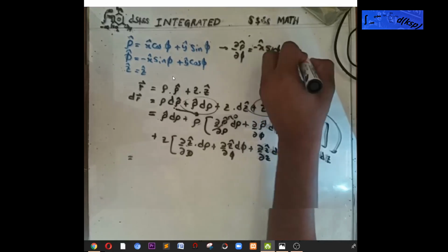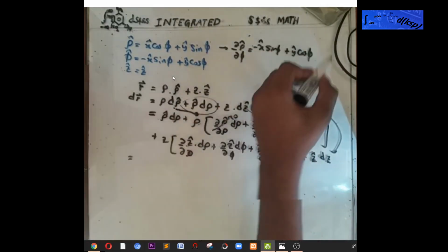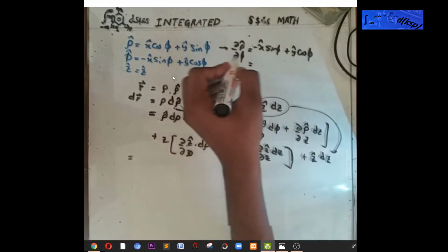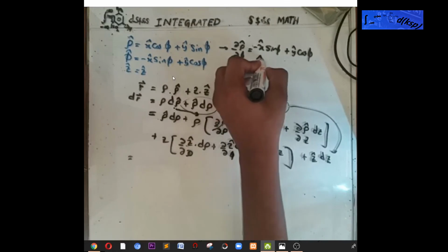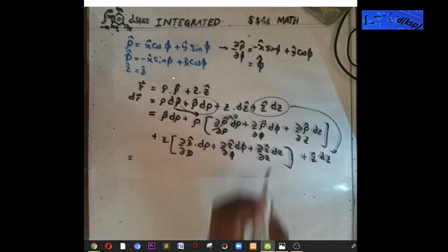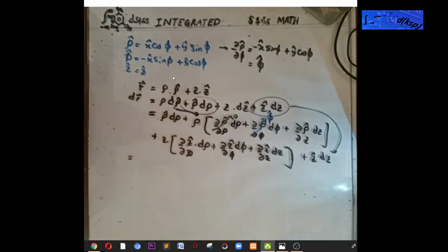What about this guy? It means that partial rho hat with respect to phi is just phi hat. Let me use the color. This would be equal to phi hat times d phi. We see it very nicely.